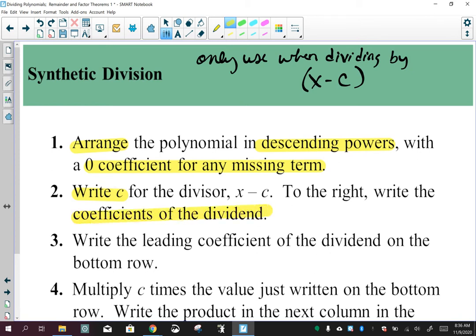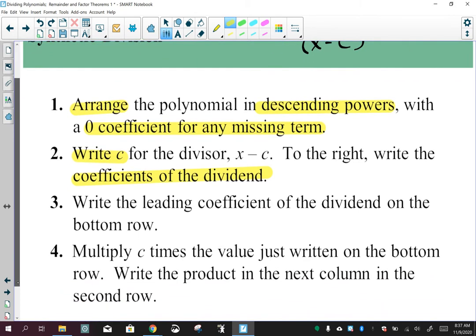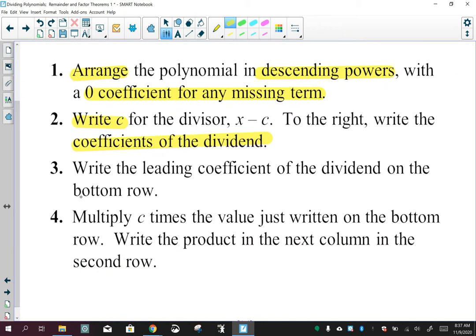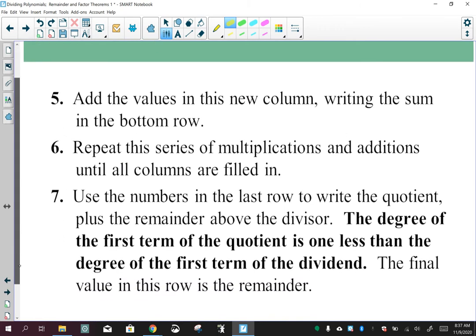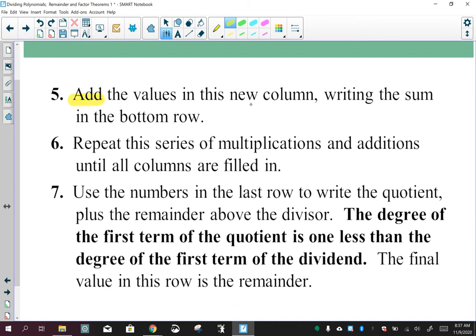So this has an actual setup that we're going to go through. Then you're going to write the leading coefficient on the bottom row, multiply that, write the product in the next column, and then combine in that new column, writing the sum on that bottom row, and then you're going to repeat.